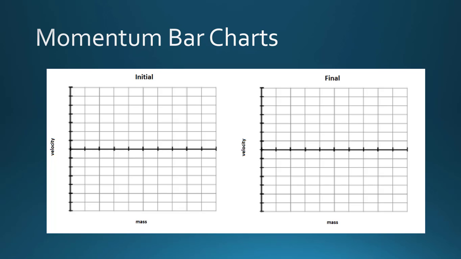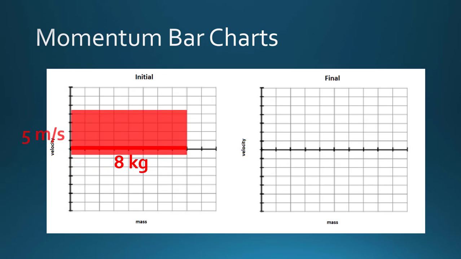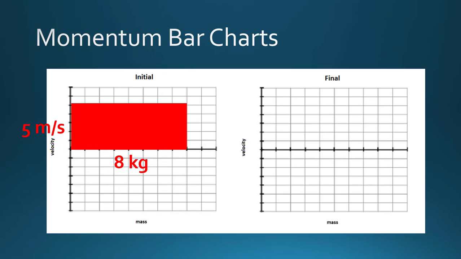So for the red ball, we're going to plot out 8 spaces across our graph. And this is going to represent 8 kilograms of mass. And then we're going to go up 5 spaces to represent the velocity. For the green ball, we're going to start with 2 lines on the mass axis that represents the 2 kilograms.